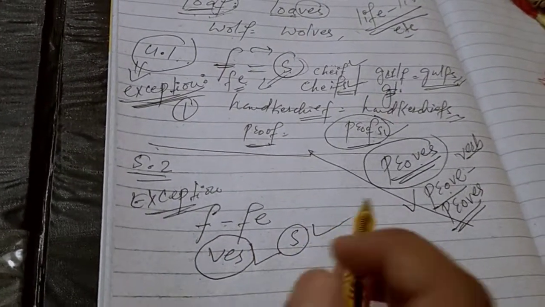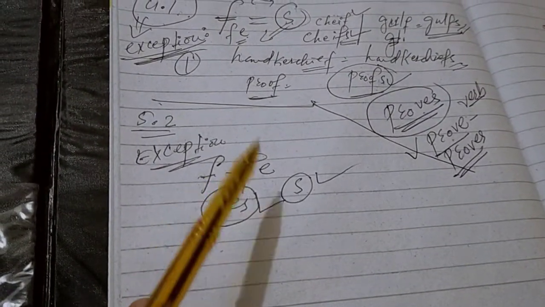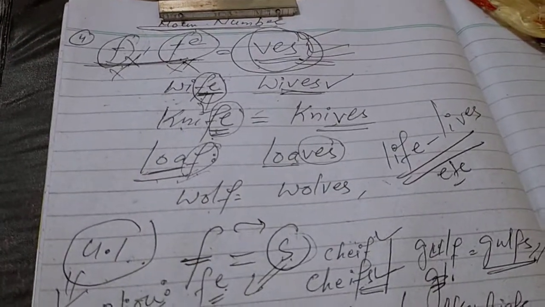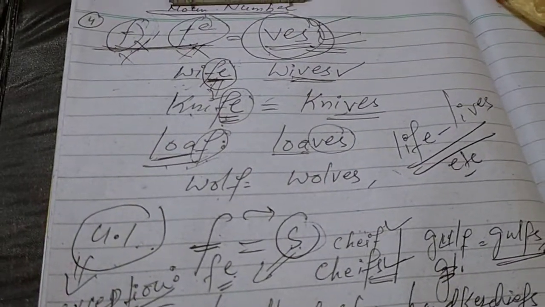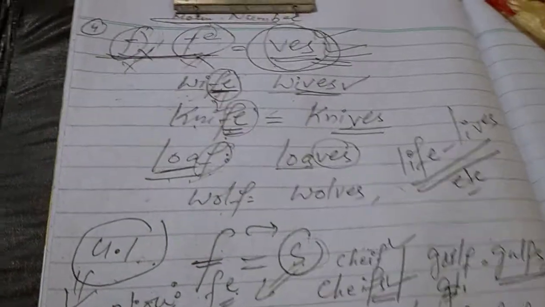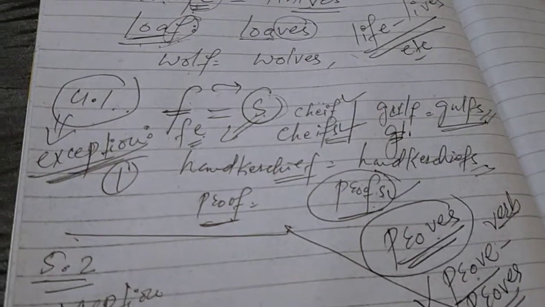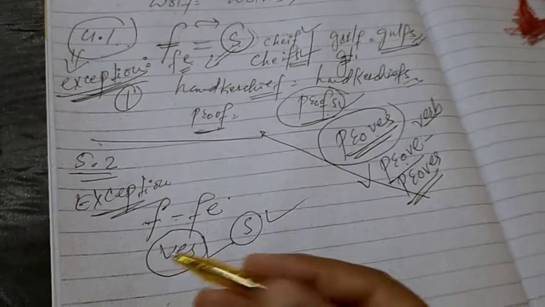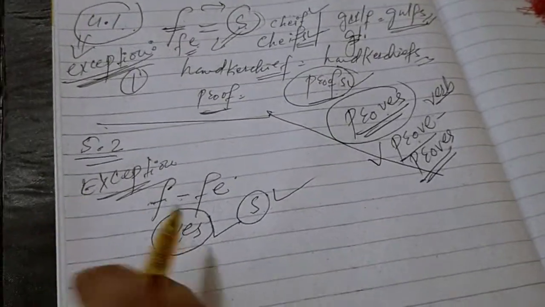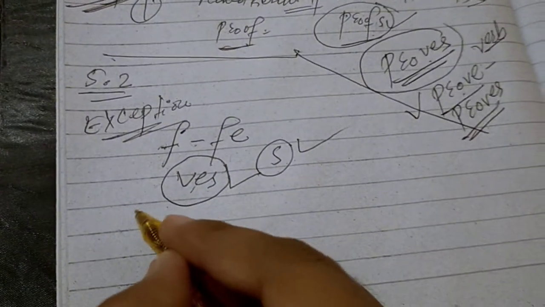In both cases, some nouns. अब हम कुछ ऐसे nouns के example ले रहे हैं जो f या fe पे end होंगे, उनके साथ दोनों. ऊपर आप देख सकते हैं कि पहला एक rule था जिसमें f या fe पे खत्म होने वाले nouns के साथ ves लगाया था. फिर हमारा exception आया, जिसमें f को हटाकर नहीं, सिर्फ s लगाया. So this is how we will be dealing with the next. Do remember that some nouns are there still that will take both ways. So we are going to take some examples there.